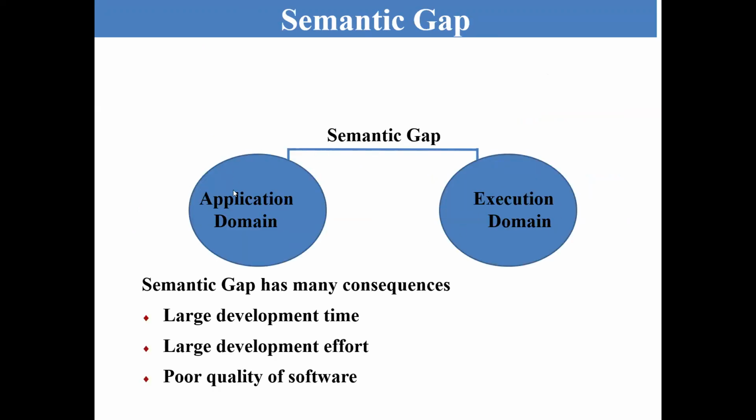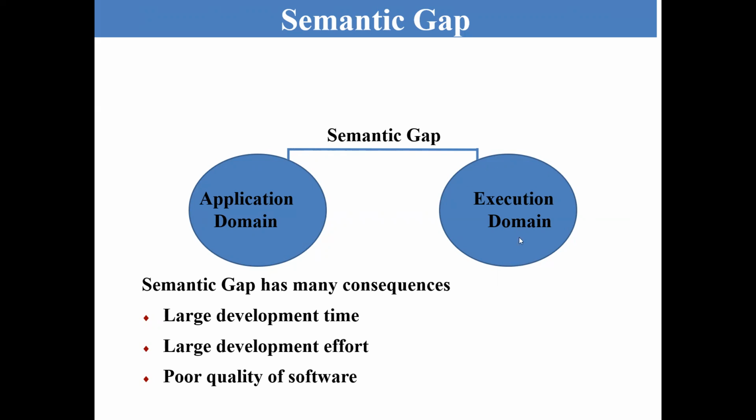One is called the application domain, the second one is called the execution domain. A very important thing you have to observe here is that the gap between these two domains is called the semantic gap. This application domain is related to your specification, your ideas from your client, or maybe it is your own idea.